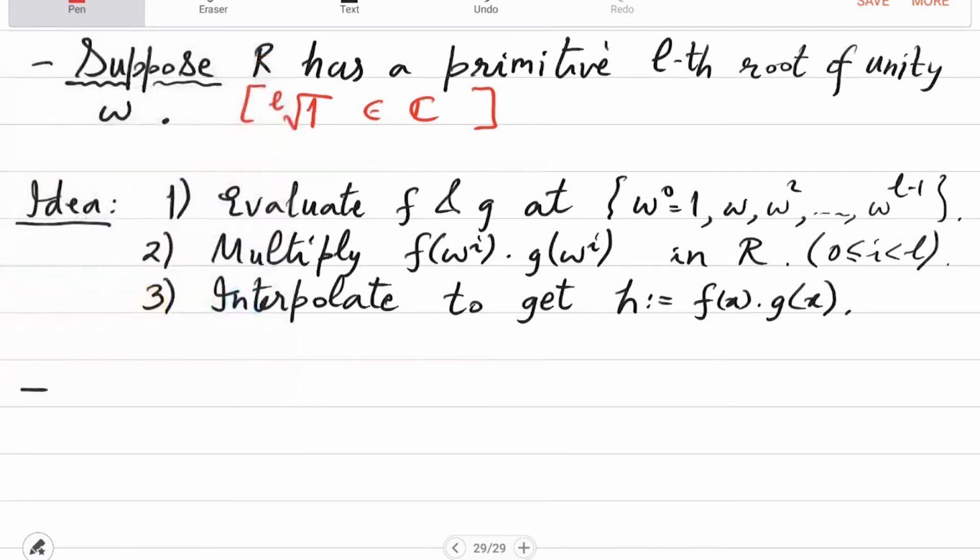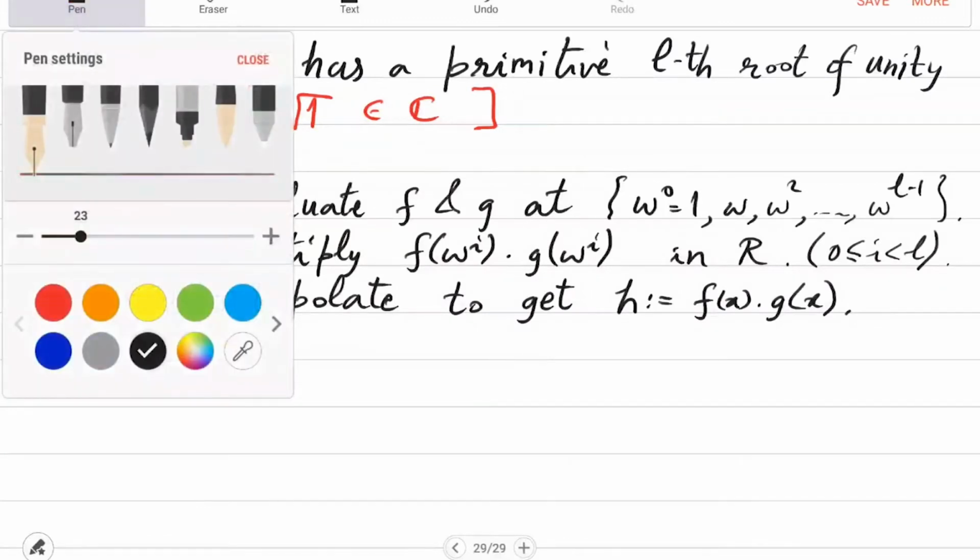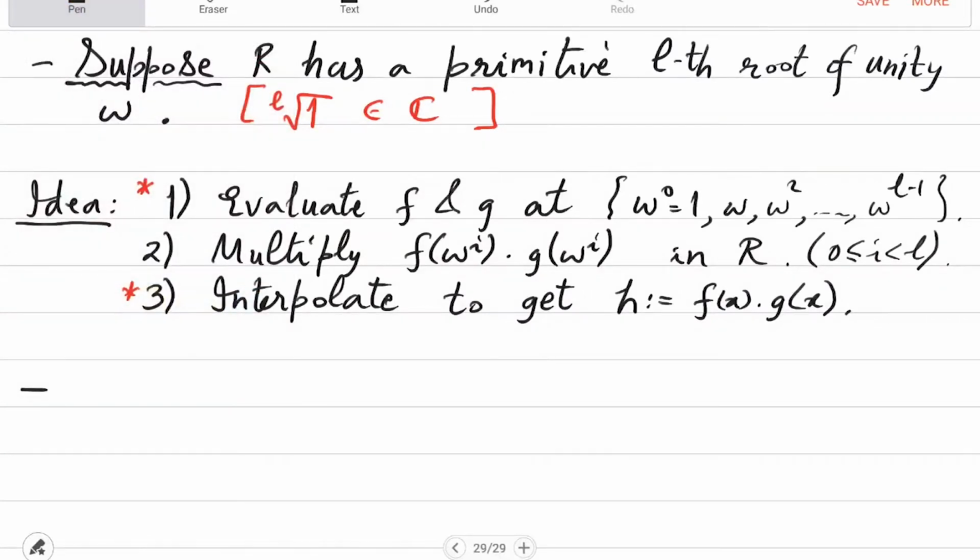So those are the problems. 2 is trivial, 2 isn't the problem; the problem is 1 and 3. How to improve over L square.